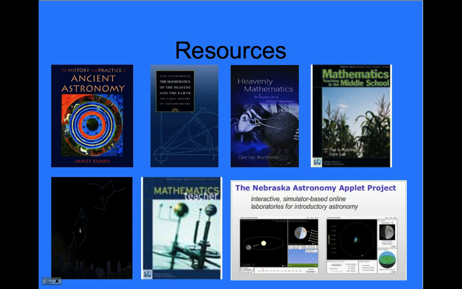I used 3 articles from NCTM publications, one from Mathematics in the Middle School about the moon, another from a 1999 Mathematics Teacher article called Astronomical Mathematics, and one from a 2004 Mathematics Teacher magazine called Copernican Mathematics. I also used the Nebraska Astronomy Applet Project, which is a website with 3D animations that you can interact with, and it really helps you understand what's going on with the astronomy.